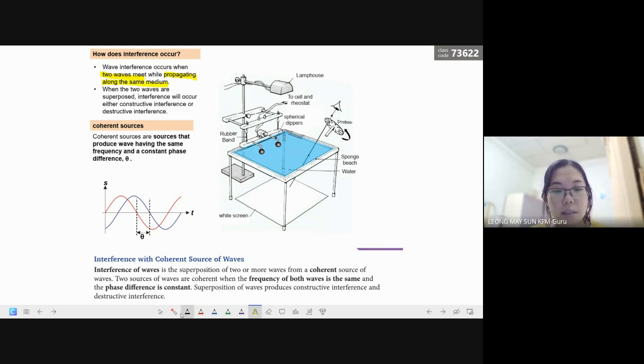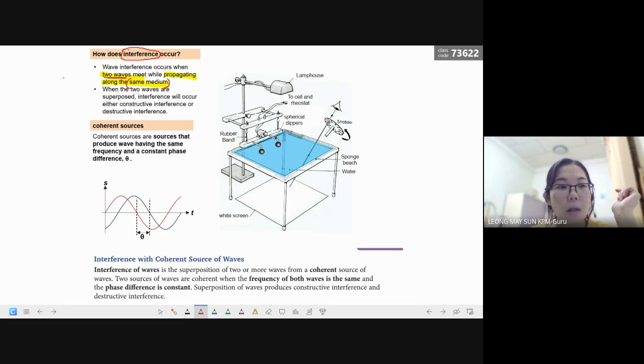This sentence is saying that for interference to occur, you need two waves. Reflection, refraction, and diffraction can happen on their own with one single wave, but interference must have a minimum of two waves. And it has to be along the same medium.